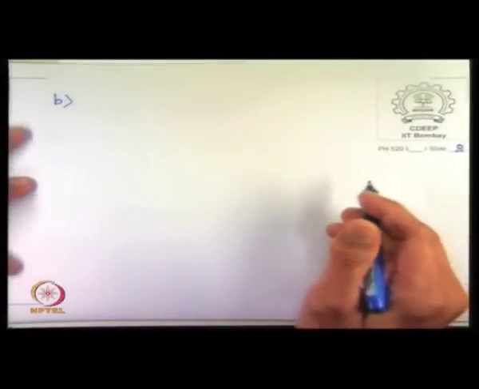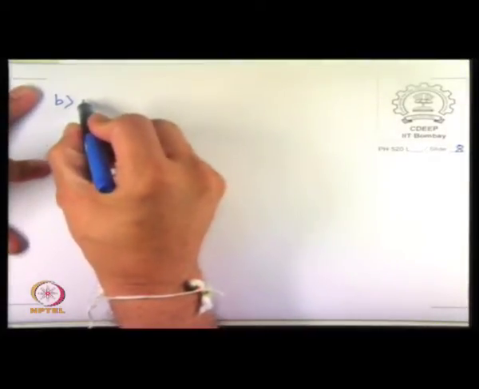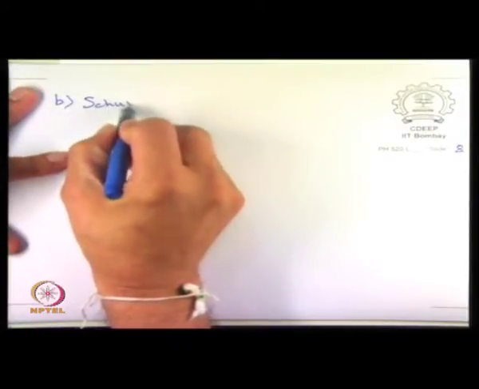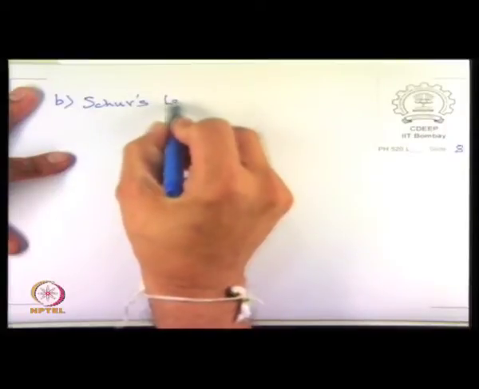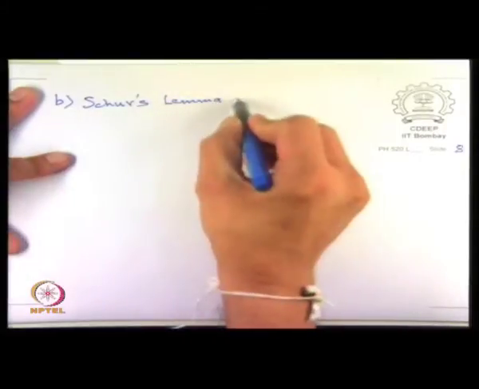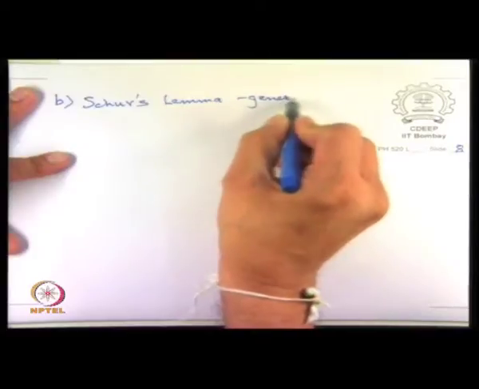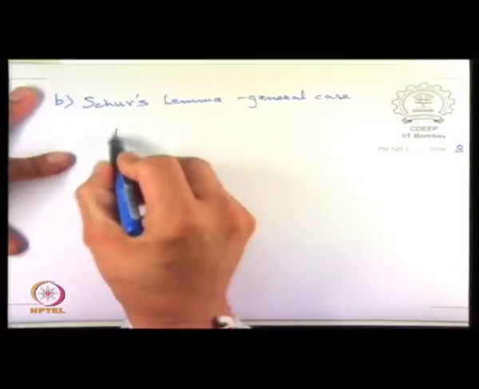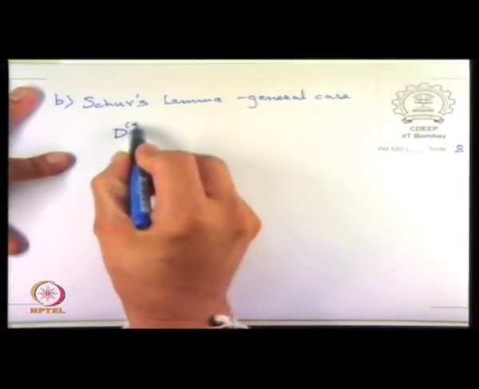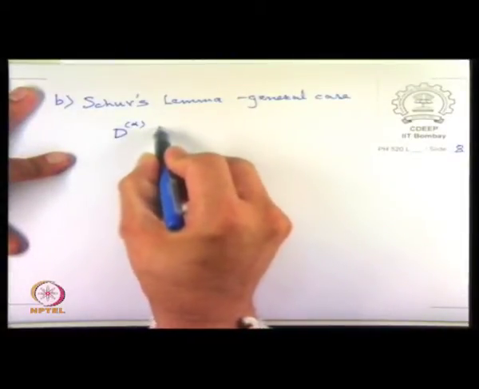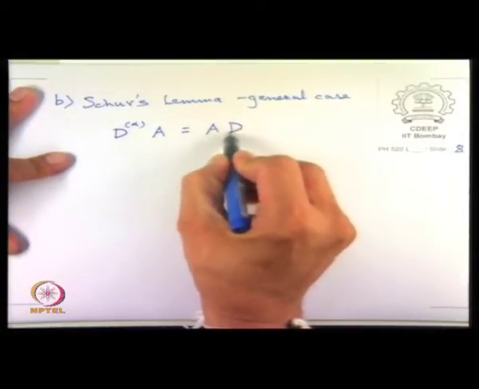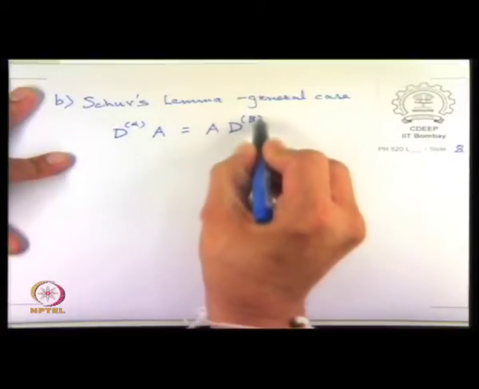So Schur's lemma for the more general case is when I have D alpha and then I have A equal to A and then D beta, where beta is not necessarily the same rep.